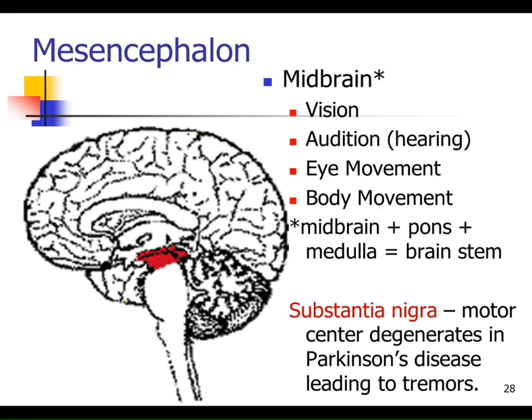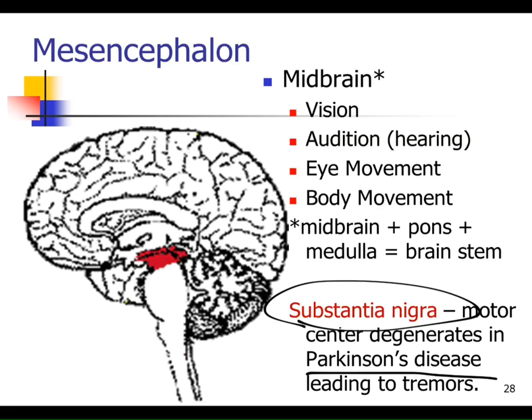Now there is an area down here that you may have heard of, and that is the substantia nigra. And I'm just going to point it out because you may have heard about it. The substantia nigra is a portion or an area within the midbrain, and this is the part of the brain that starts to break down with Parkinson's disease. So if you know anyone with Parkinson's disease, it's a degenerative muscle control disease. And here, again, like the cerebellum, there's control of movement.